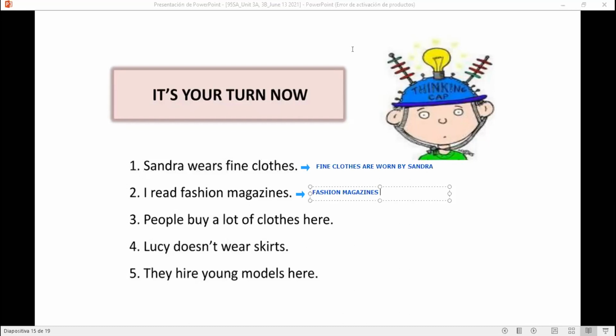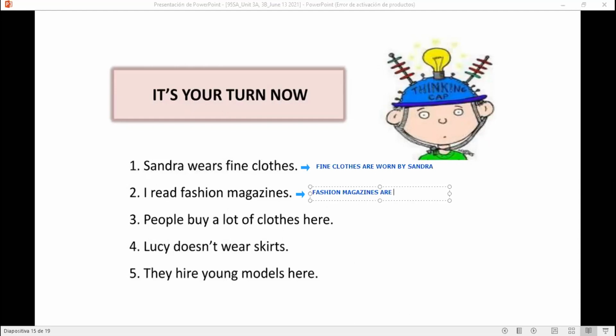Ojo, el verbo to be, acuérdense que is se ocupaba para he, she, it o para un solo objeto, ¿no? Para una sola cosa. En este caso tenemos magazines, que es plural. Are, entonces, teacher. Are, exacto.